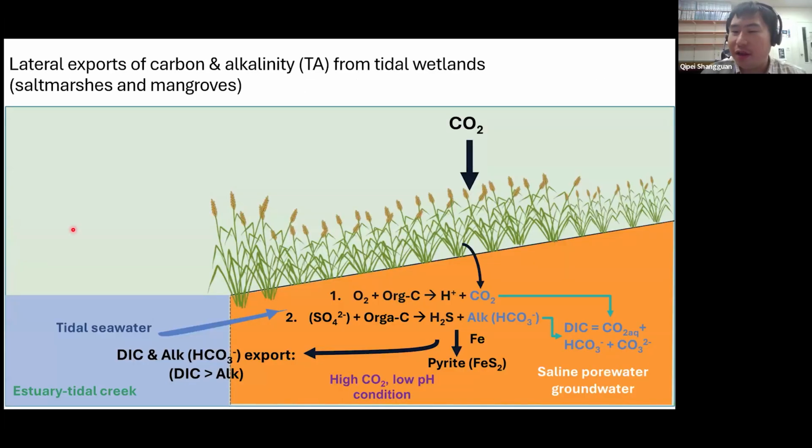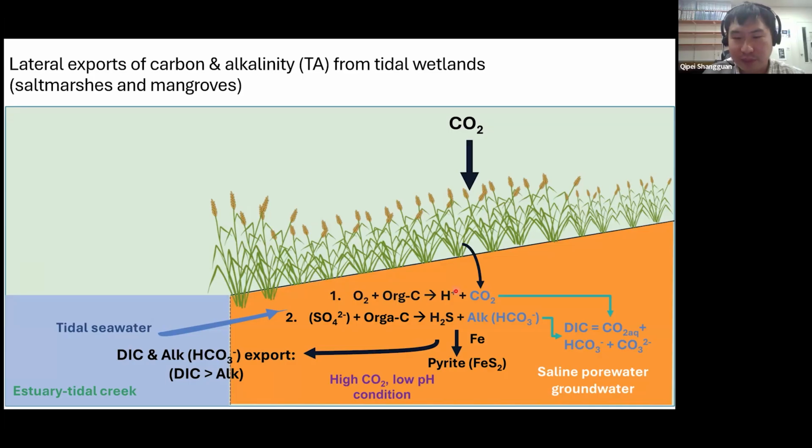To start with, how DIC or alkalinity are generated in the pore waters. Marsh ecosystems are very productive, and they fix lots of atmospheric CO2 into organic carbon in their soils. There are 2 primary respiration pathways, depending on oxygen availability. First, organic carbon can be respired by aerobic pathways and produce CO2.